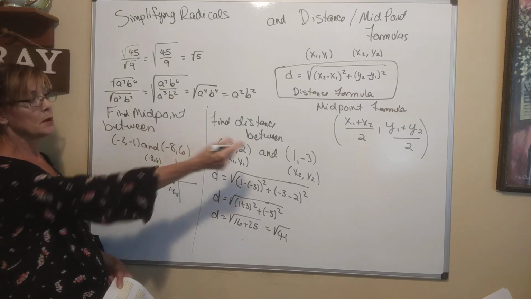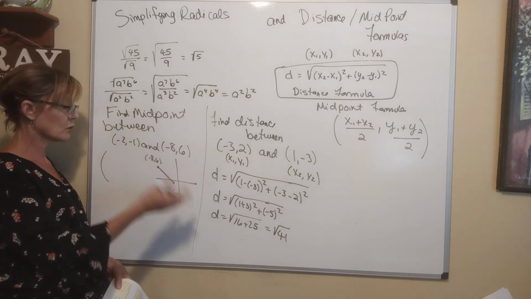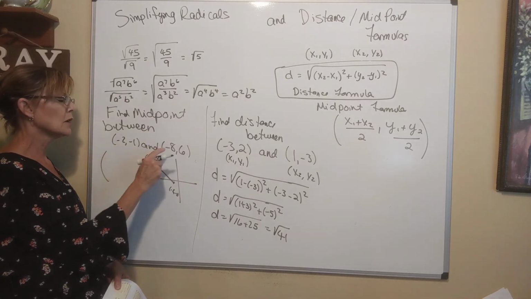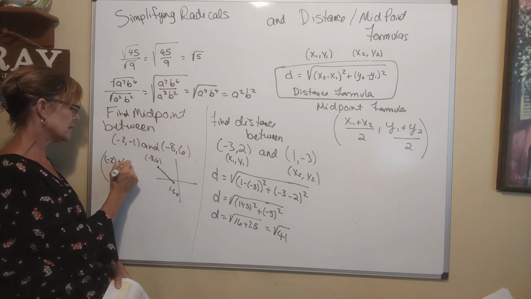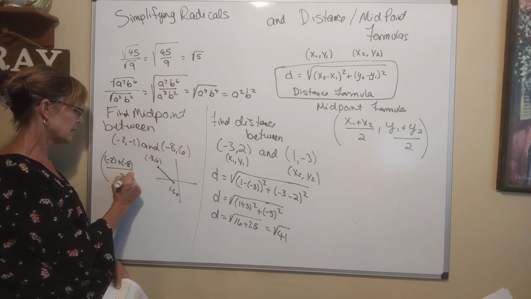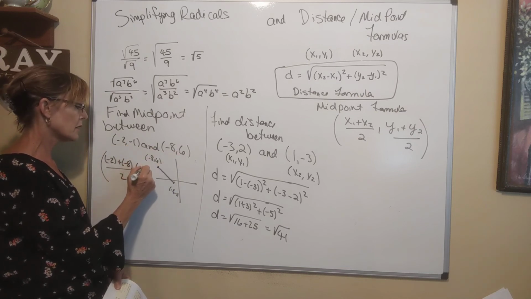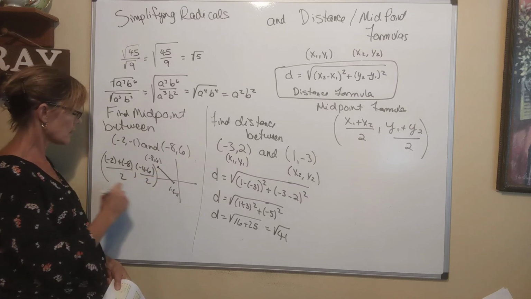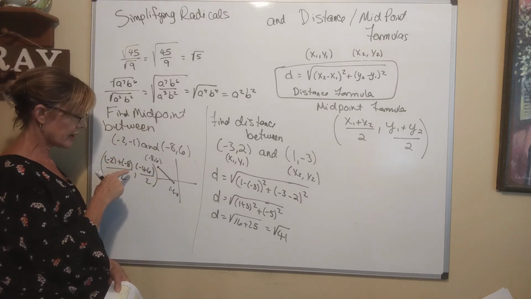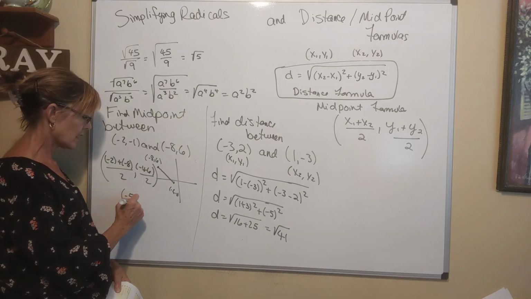All right, midpoint, you just average. It's going to be a point, an x-coordinate and a y-coordinate. You take negative 2 plus negative 8, divided by 2. Over here, negative 1 plus 6, divided by 2. Negative 2 plus negative 8 is negative 10, divided by 2 is negative 5.